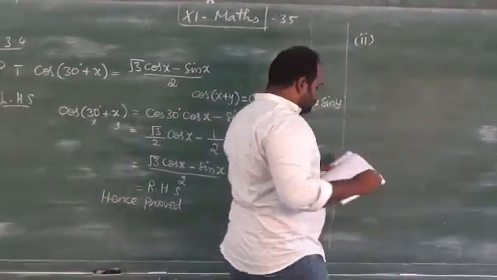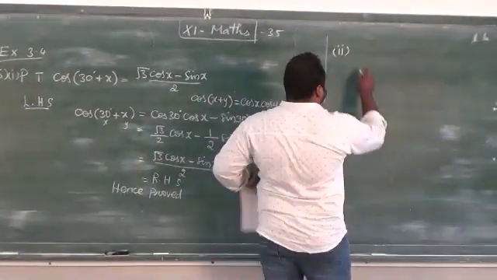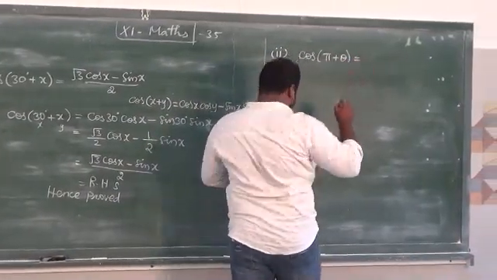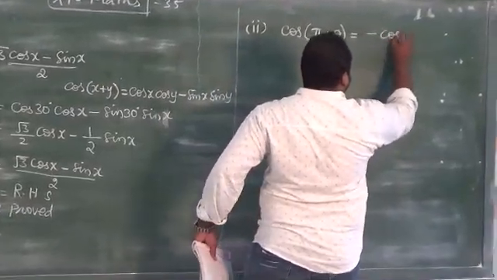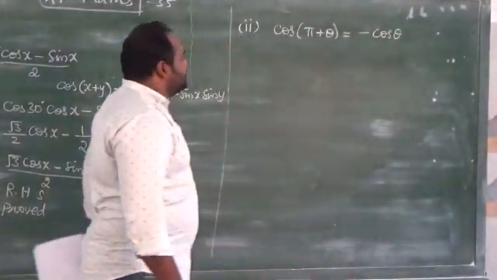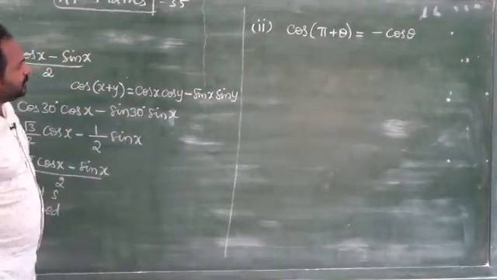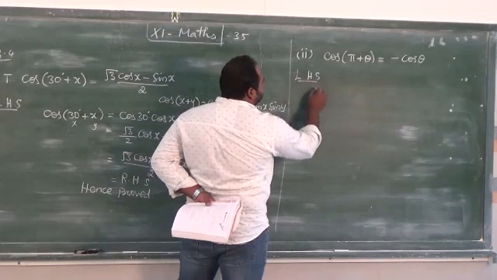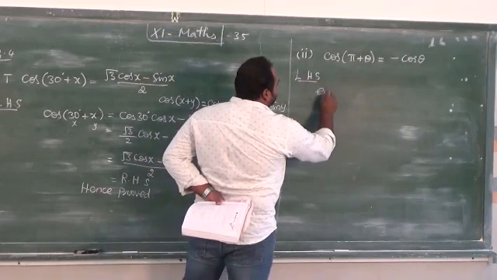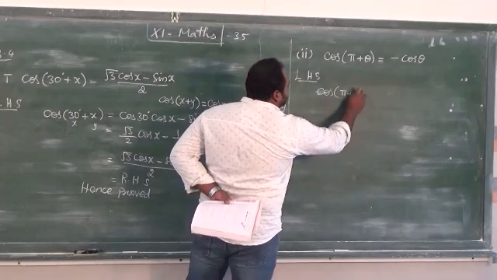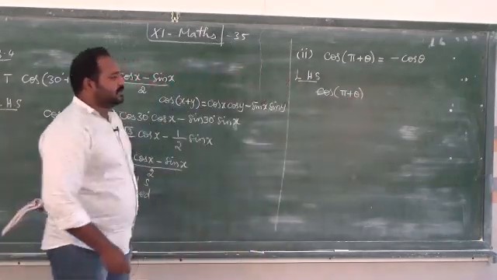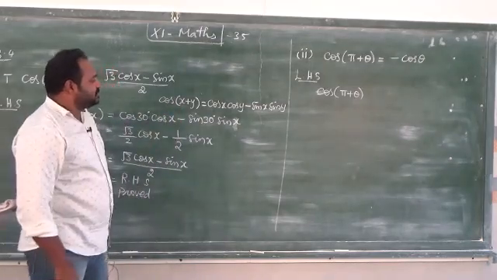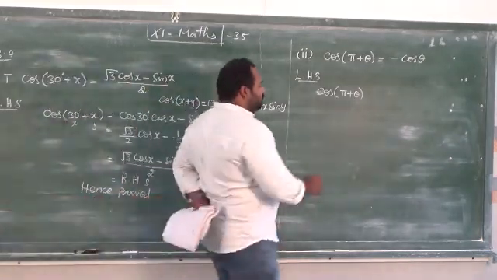Next is subdivision 2. It is cos of pi plus theta equal to minus cos theta. Here also I am going to use the same formula. First let me take LHS side. Cos of pi plus theta. The same formula which we used in the last subdivision, cos x plus y formula, I am going to use here also.